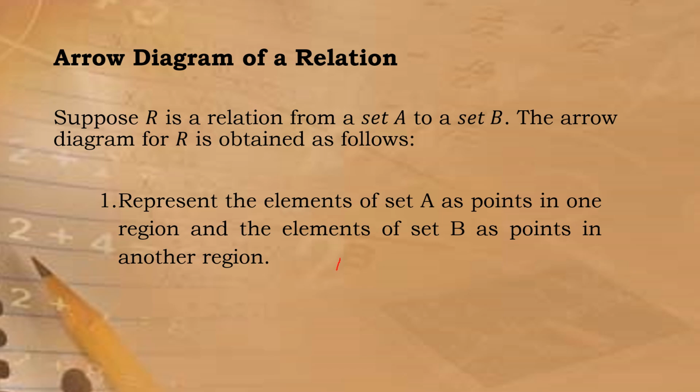So if this is set A, the elements are here. And the elements of set B as points in another region. So something like this. Okay? Then, the arrow diagram, something like that. Okay?